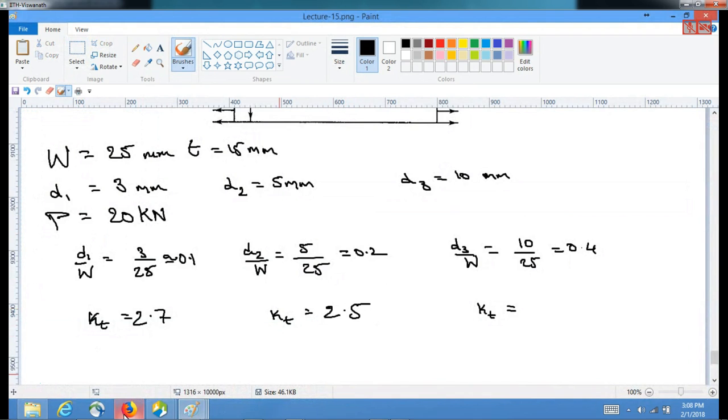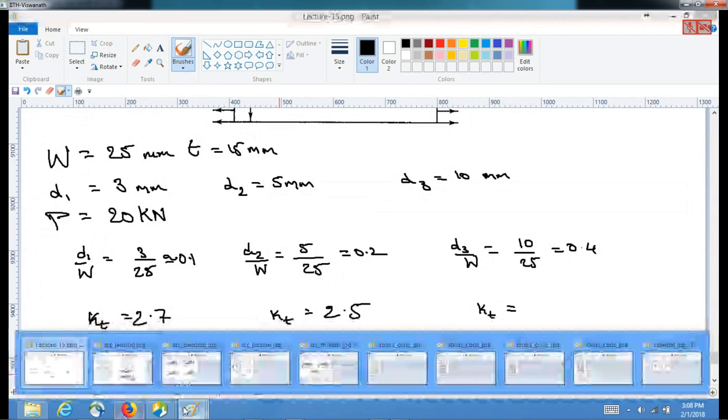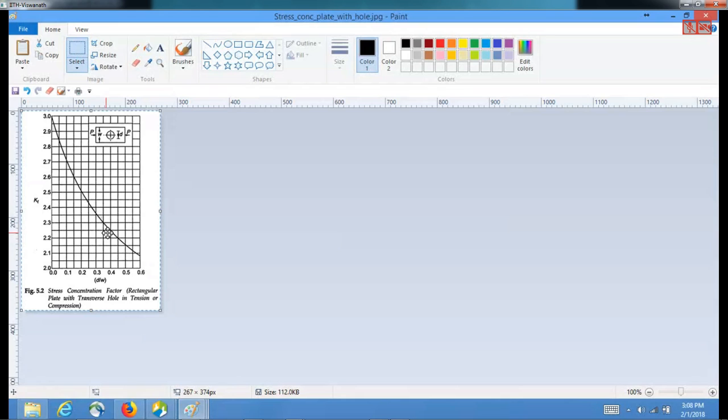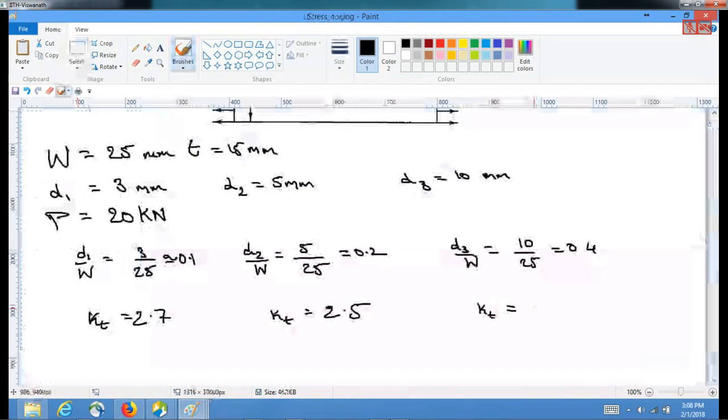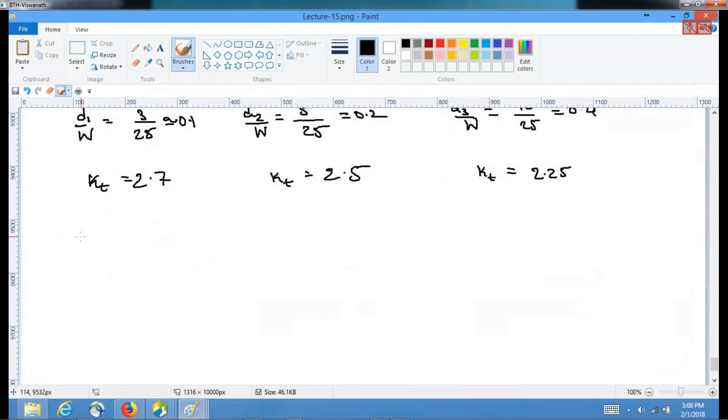And at 0.4 you have 2.25. Okay, but we know that our definition of K is equal to sigma max by sigma naught.